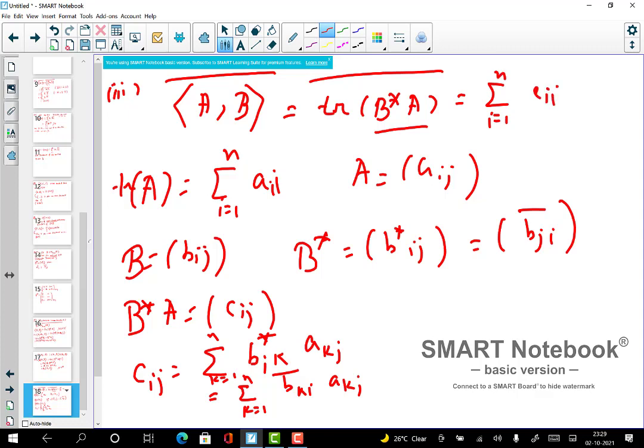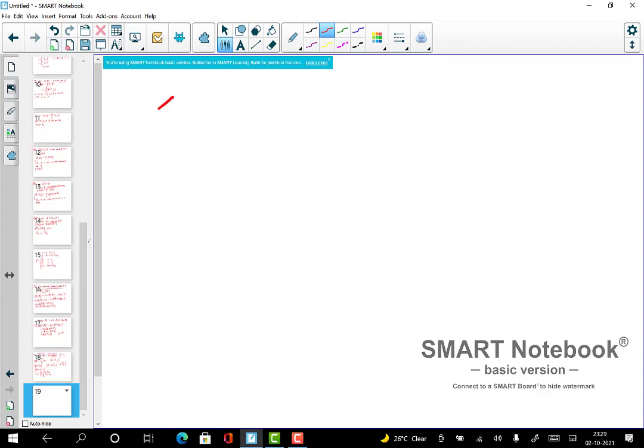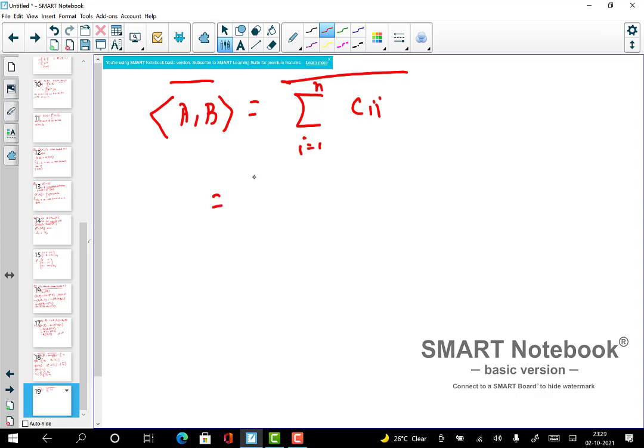Okay. Now let me write down next page. So the bar of this will be summation Cii bar, i equal to 1 to n, right? But what is Cii?